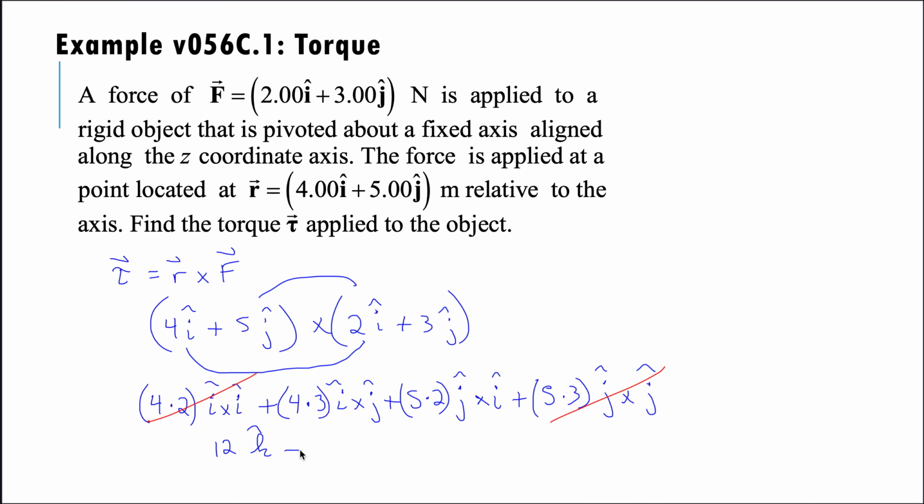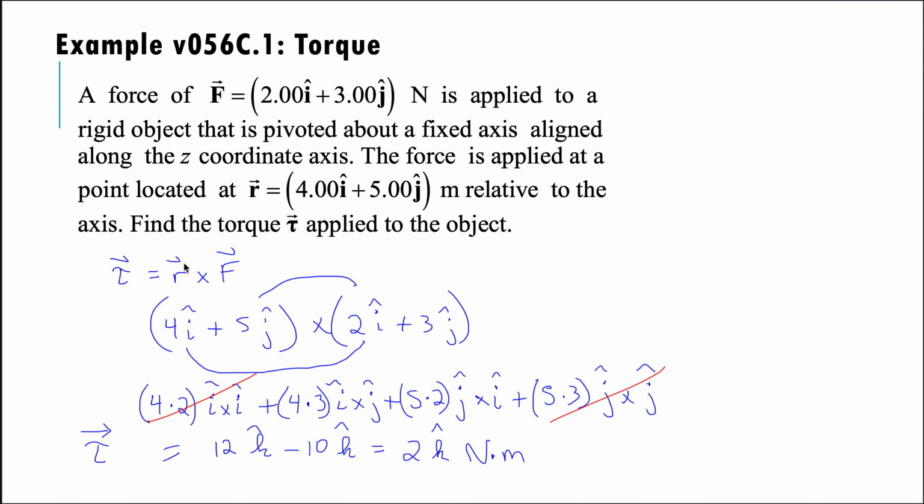So minus 10K. Our final answer for the torque vector is going to be 2 k hat. And the unit for torque is newtons times meters.